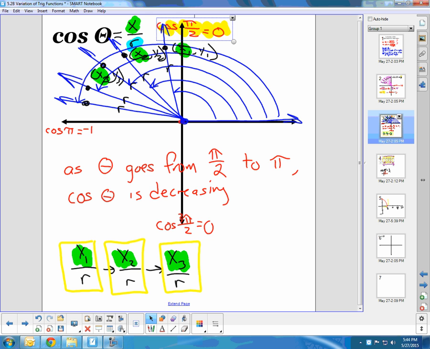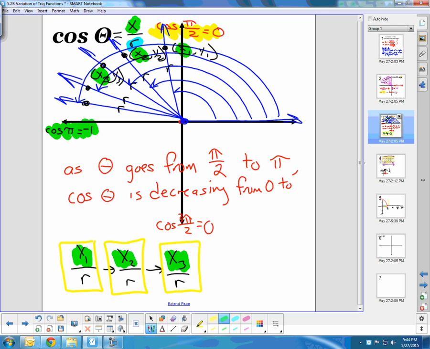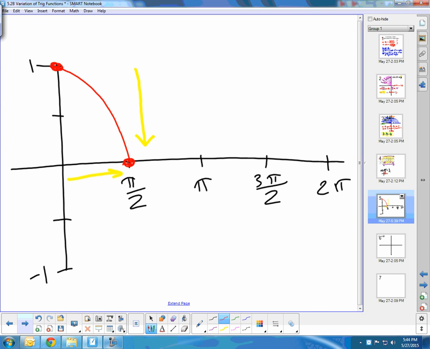If we look right here, cosine of pi over 2 is 0, and we're going to end up over here. So we're going to end up decreasing from 0 to negative 1. And I can use that idea when I go and derive the graph of the cosine function continued that I picked up from right here.